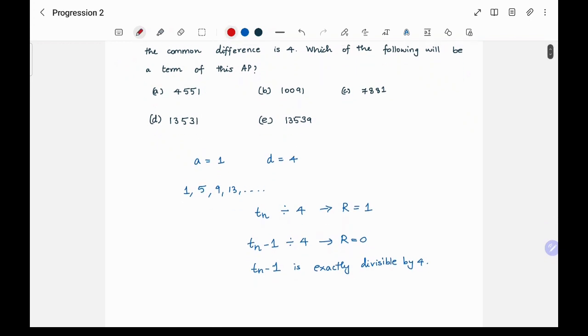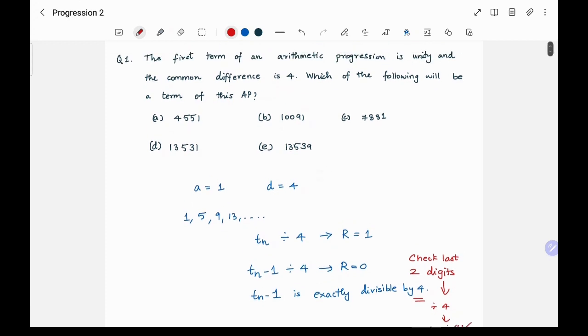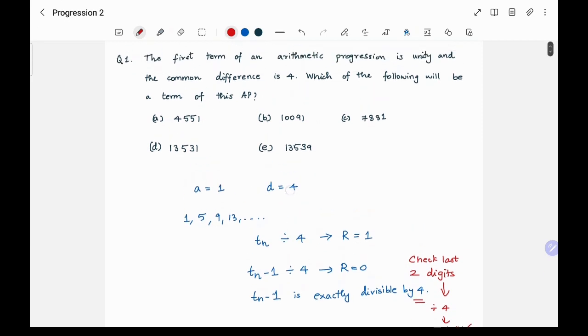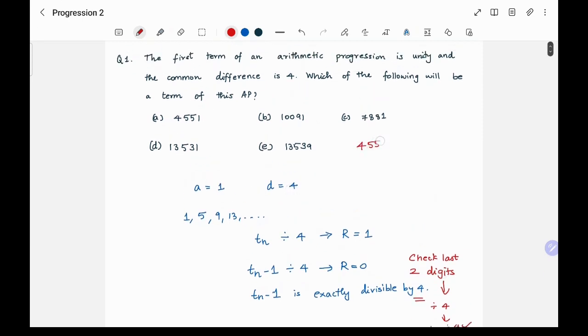And also remember the divisibility rule for 4: check the last 2 digits. If they are divisible by 4, then the number is divisible by 4. So 4551 minus 1 will give us 4550. The last two digits are 50.